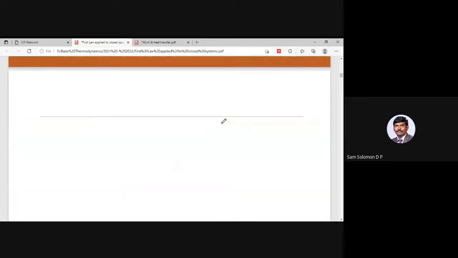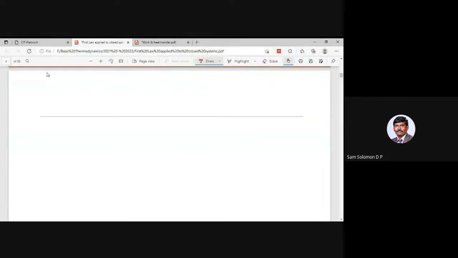Okay. So now we have seen this term delta E. So Q equal to delta E plus W. And from our previous discussions, we know that this guy, heat transfer, is a path function, and this guy, work transfer, is also a path function, which means it is dependent on path. What about this guy?